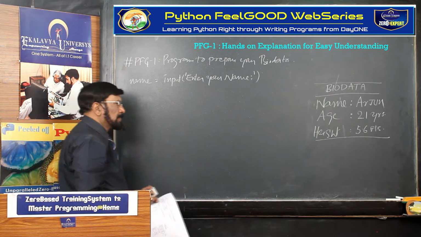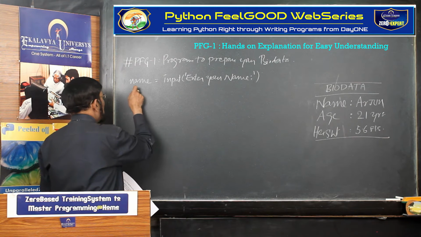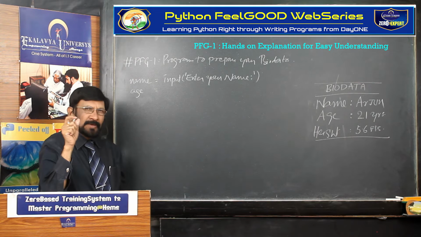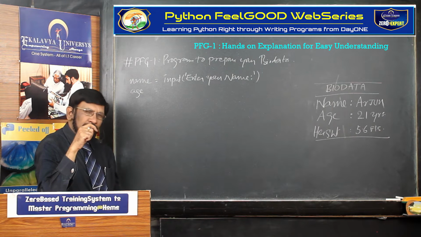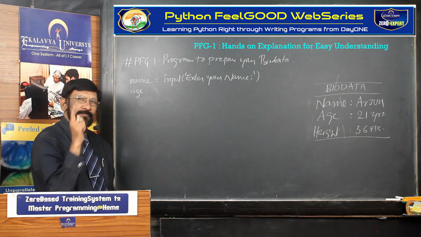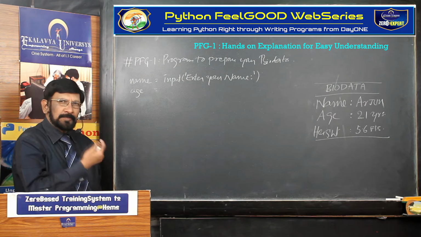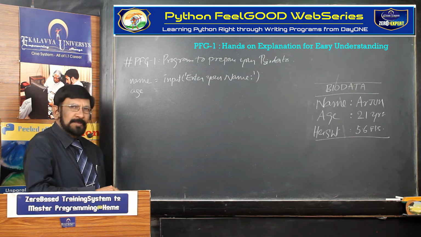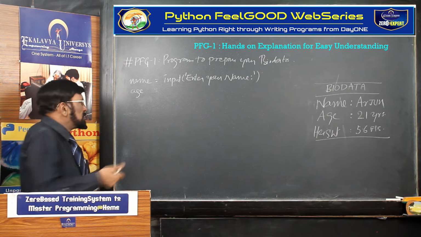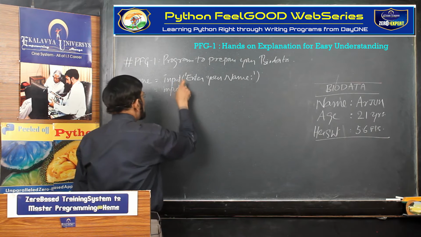And number two. Number two is what? Age. What name do you give? Now, one thing I am telling you, if you cannot give a short name, meaning if you give a short name and it is not meaningful, you must give the complete name. Suppose for age you take A, people cannot understand. AG, people cannot understand. Then in such a case, what should you give? You must give age only. So, age. Next, input.